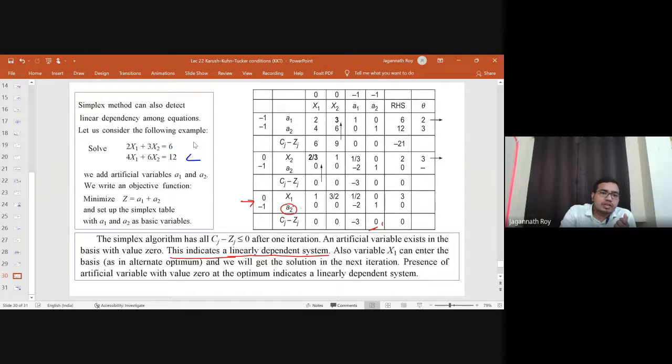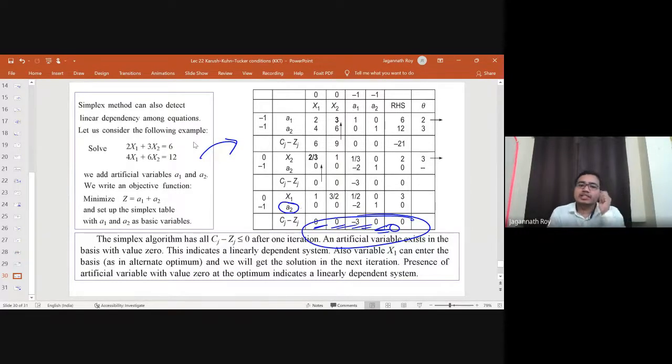If you try to understand this in a simplex table, you have to note that at the optimum level, when Cj minus Zj are all less than or equal to 0, at the optimum table one of the artificial variables will still be there.